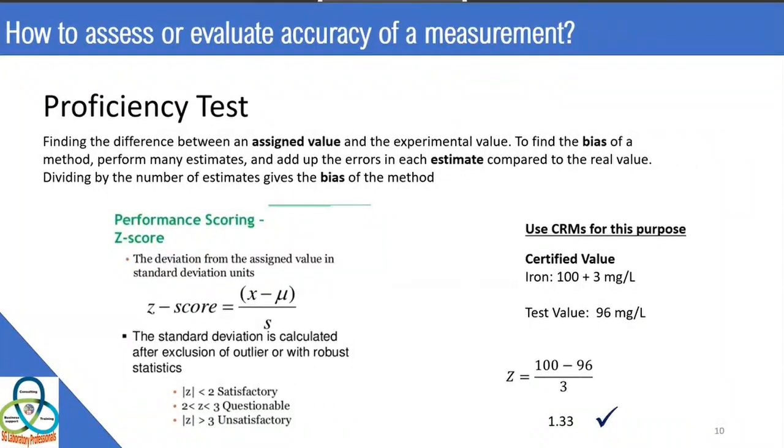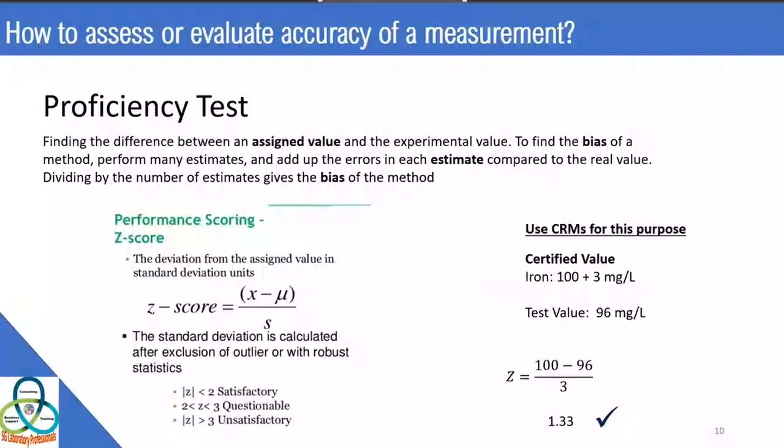Here we are not looking at the percentage error. We are actually trying to calculate the z-score. The z-score is calculated from the difference between the actual value and the experimental value, divided by the standard deviation of the reference material or the PT sample. In some cases, it can be our own method precision.